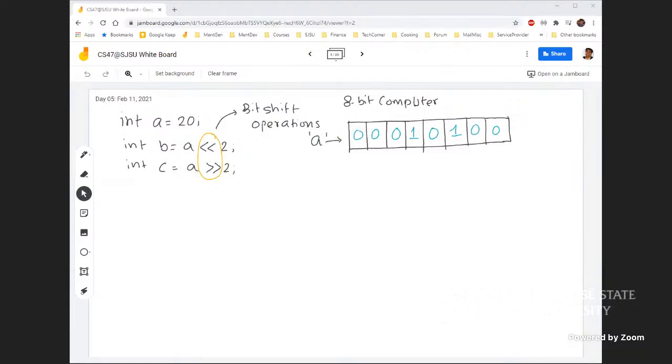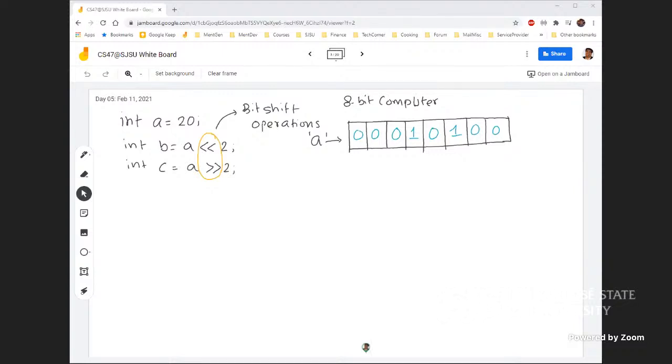That means the memory address corresponding to this high level variable will have this bit pattern in memory: 0, 0, 0, 1, 0, 1, 0, 0.